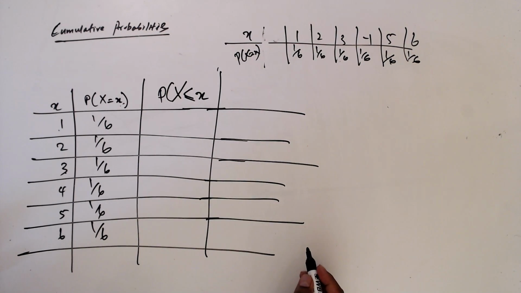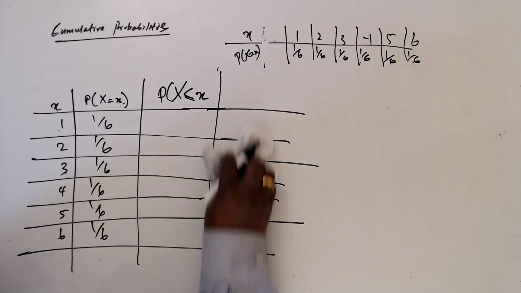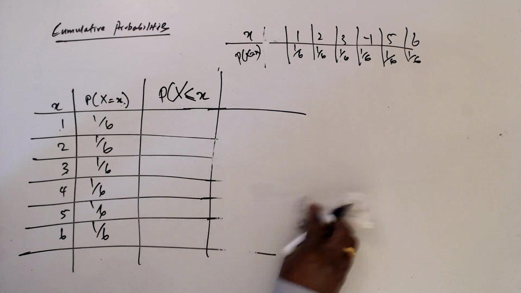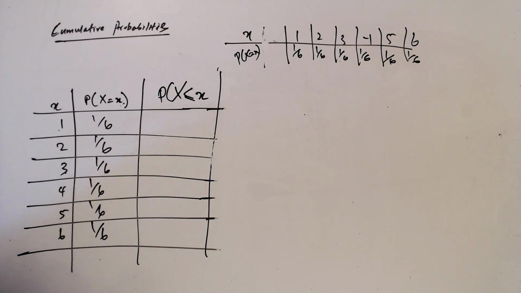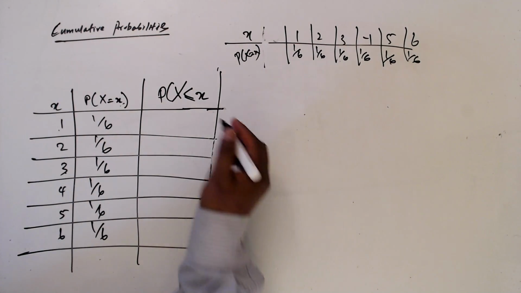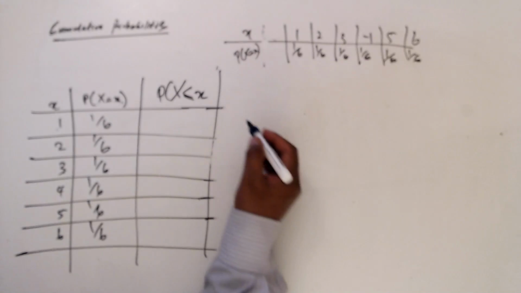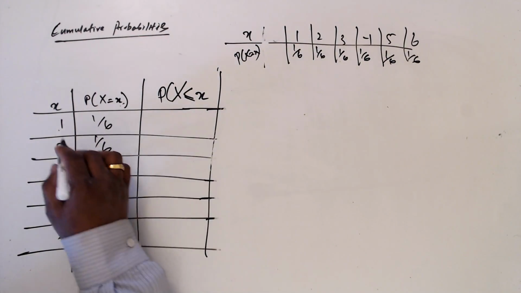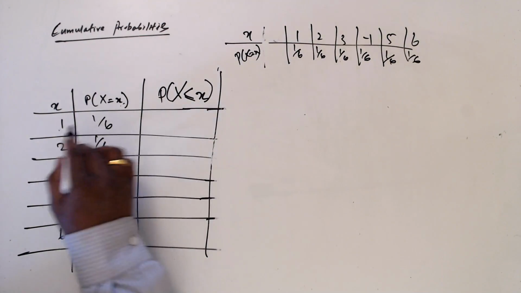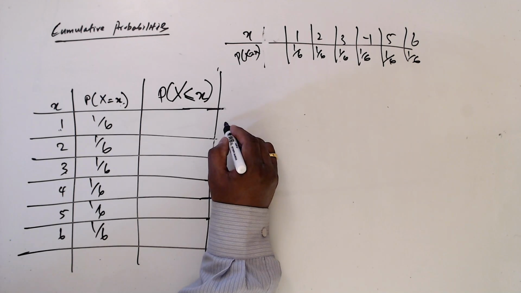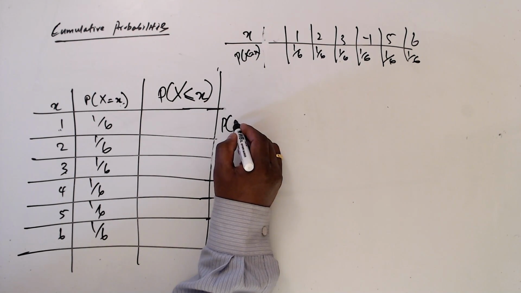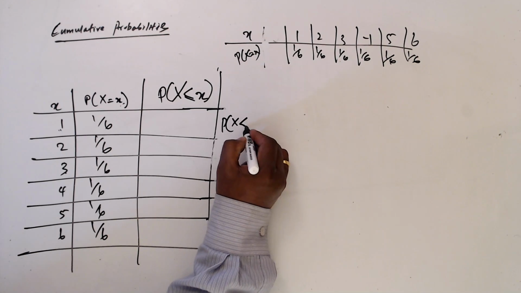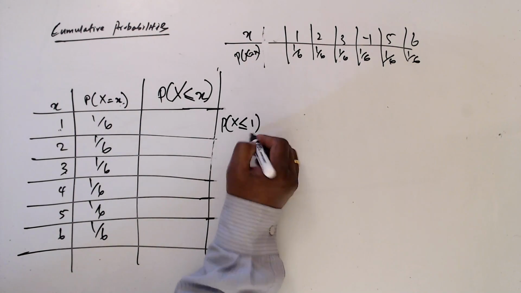Then what should we do? When x equals 1, this is the idea: probability of x less than or equal to 1.